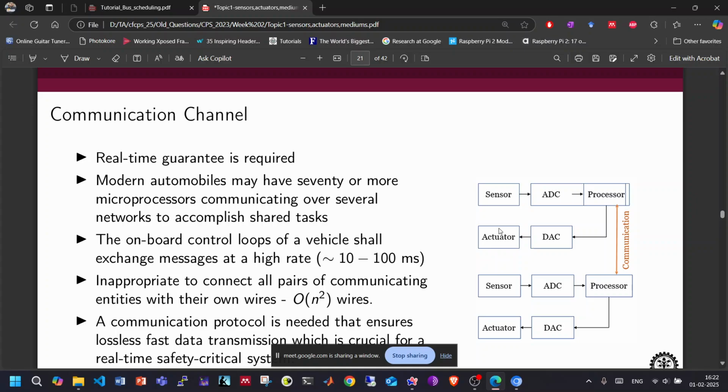So usually those are kept safely, but the signals going from the processor or coming from the sensor should be strong and precise enough.